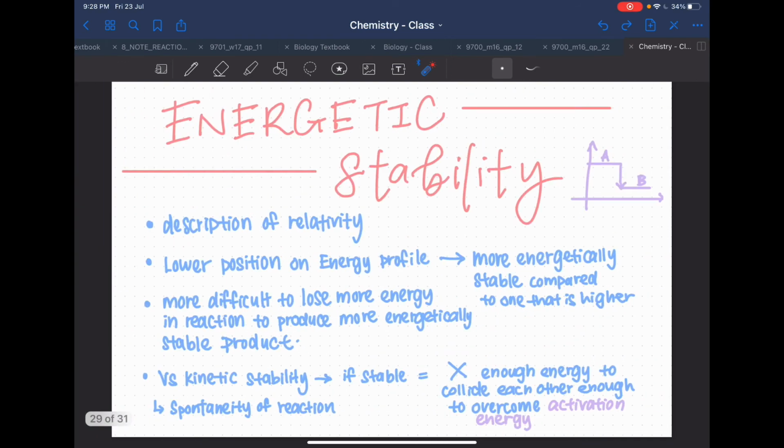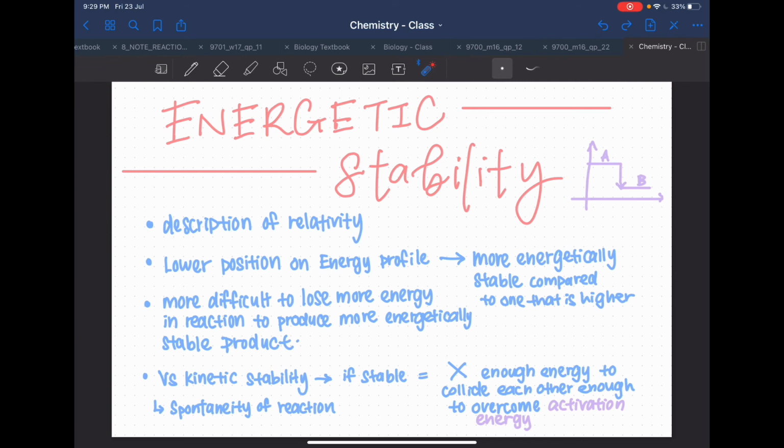Next, I'm going to talk about energetic stability, and it is a description of relativity, which means it must be in comparison to something else. So you cannot say something is energetically stable, but you can say something is energetically stable relative to something else. Something is energetically stable means that it has a lower energy level, which means it has a lower position on the energy profile.